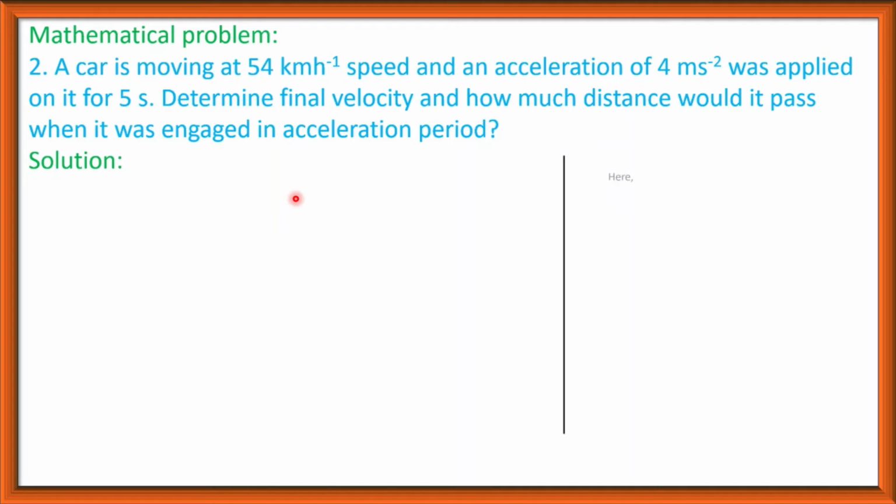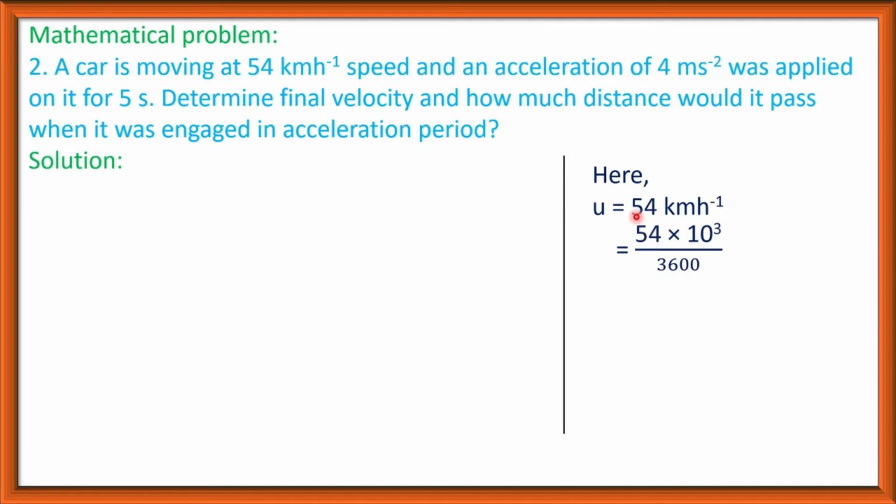Solution. Here initial velocity u is equal to 54 km per hour. We have to convert it into meter per second. 54 into 10 to the power 3, because 1 kilometer is equal to 1000 meter or 10 to the power 3 meter.